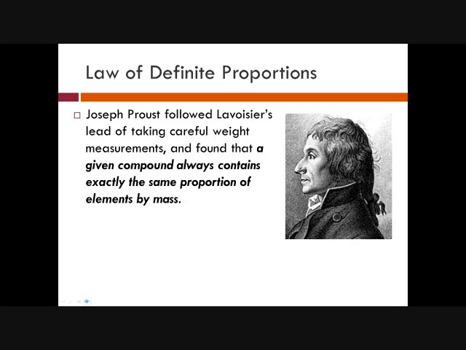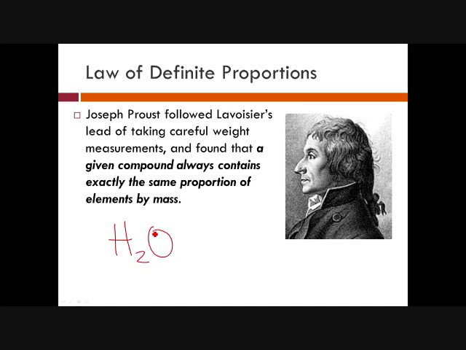Definite proportions is basically saying that if you have water, the formula is H2O. If you changed it and it's not 2 hydrogens for 1 oxygen, then it is no longer called water. So that ratio of 2 H's for every 1 O is what definite proportions means.